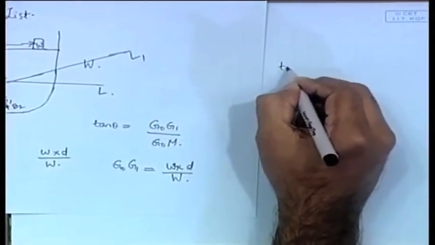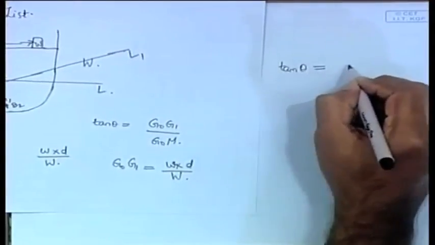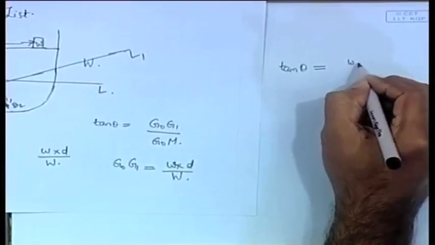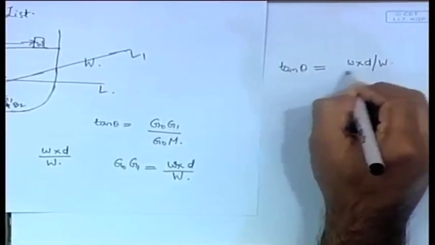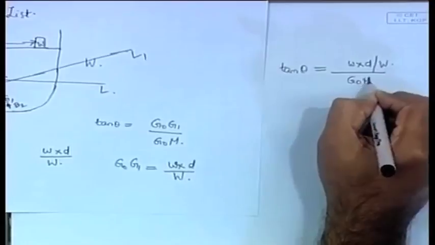Therefore tan theta equals G0 G1, which is w into d by W divided by G0 m.